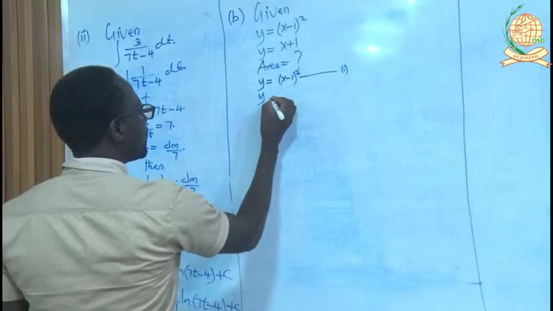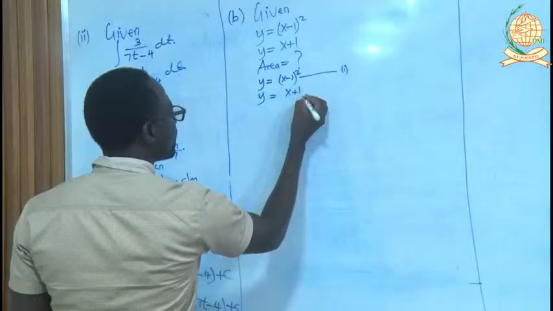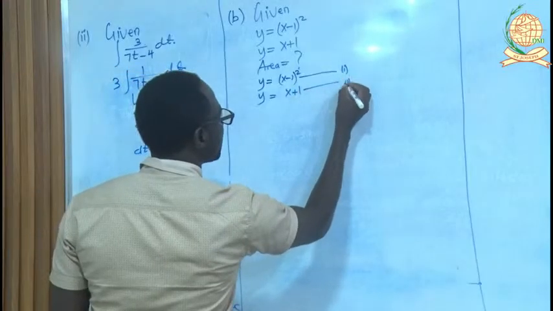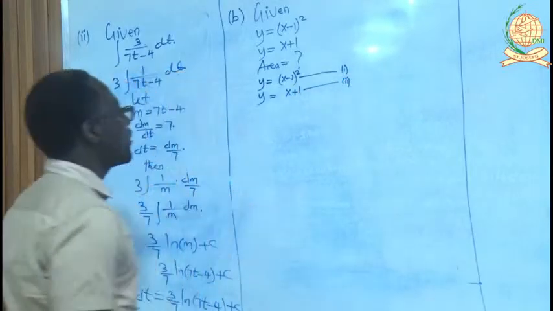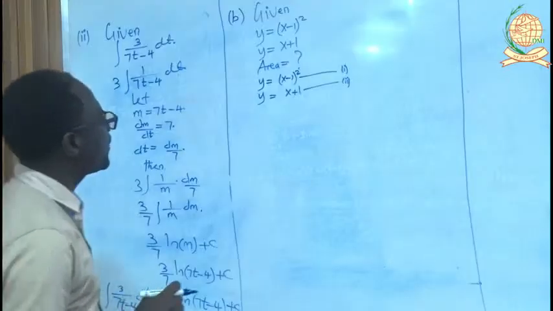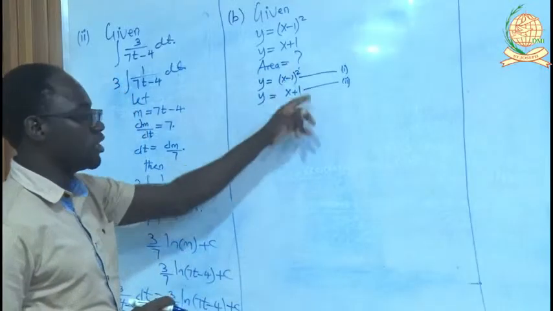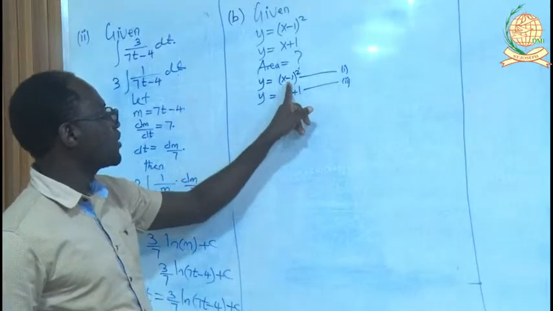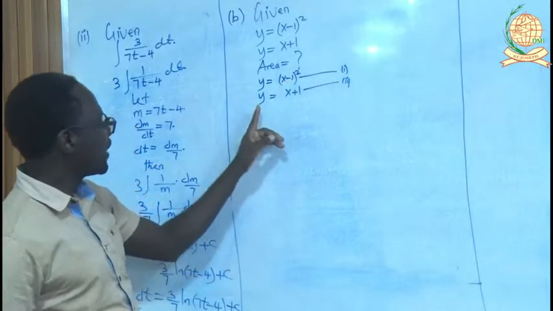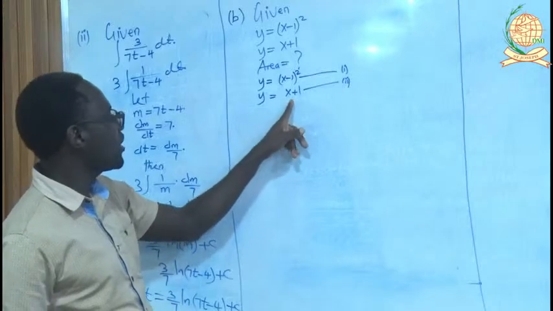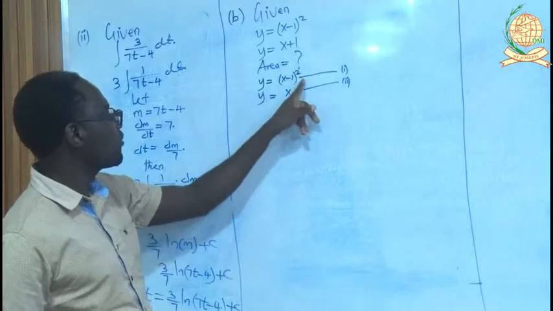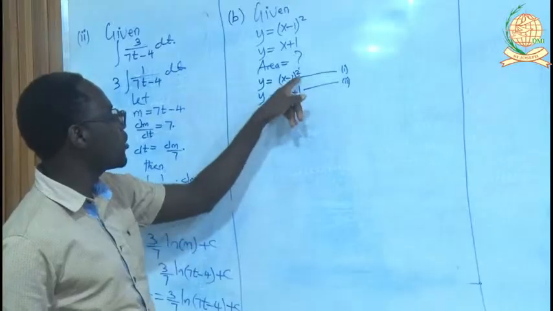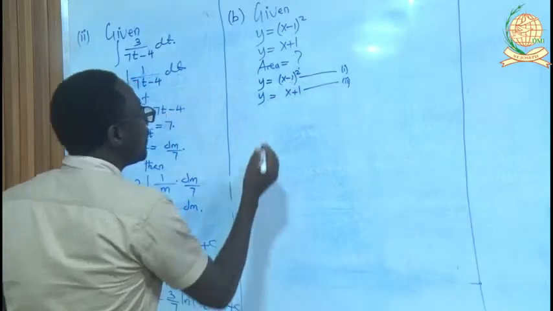Again, y equals x plus 1, this is the second equation. Now, in order to get the limits of integration, we equate equation 1 and equation 2 because y is equal to this one, y is equal to that one, so this one will be equal to that one.